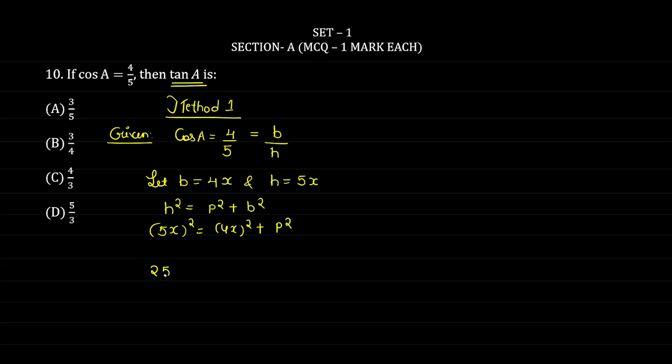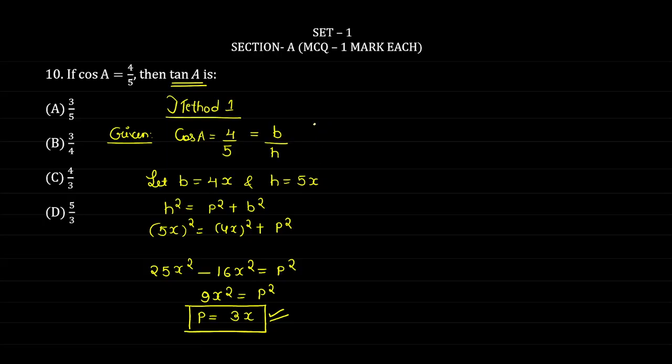We have to find this value, that is 25x square minus 16x square, taking this to that side, is equal to P square. So this will be 9x square is equal to P square. Taking the square root, the P value will be 3x. Avoiding the negative value, because perpendicular is the length of a side and length cannot be negative. So we are taking the principal square root, that is 3x.